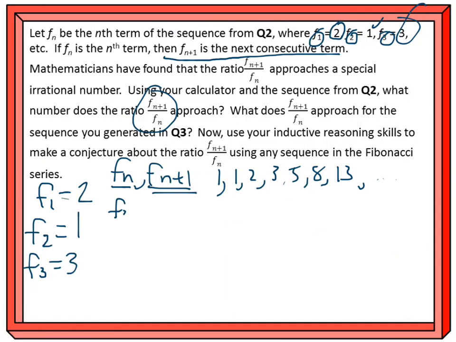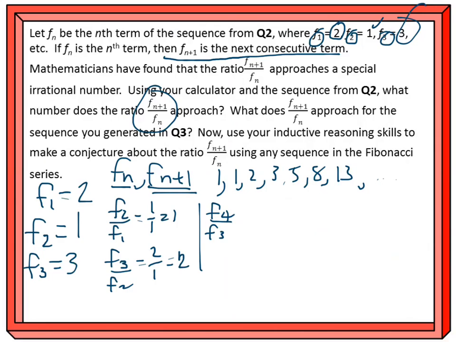So we would want the second term on top of the first term, so that's 1 over 1, and that's just equal to 1. We would want the third term on top of the second term, and that would be 2 over 1, which is just 2. Then the fourth over the third, and that's 3 over 2, which is 1.5. Then the fifth over the fourth, and that is 5/3, which is 1.6 repeating.